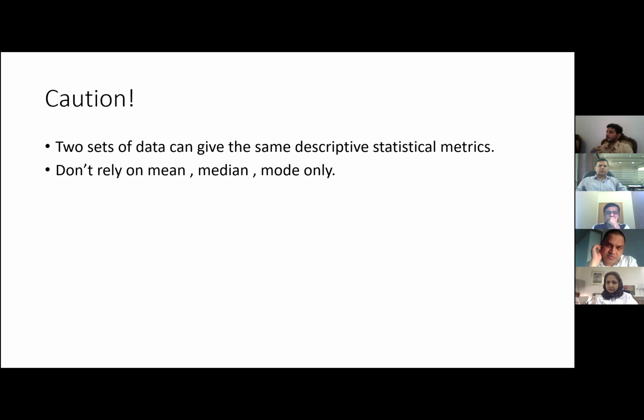Now if we calculate the mean or the average of both data sets, the answer will be the same. 40 and 40, average is 40. 30 and 50, average is also 40. So we should not always rely on just one statistical calculation. We should always have a counter check on it.